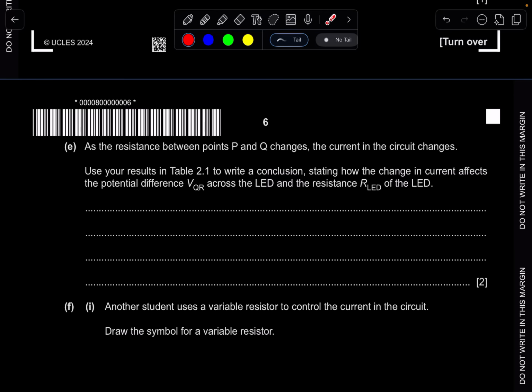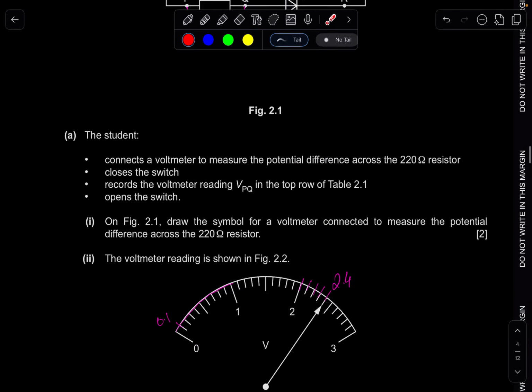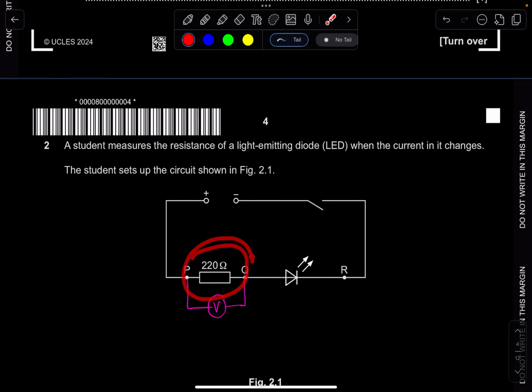Okay, so when you are changing the resistor, basically you are replacing the 220 resistor with a 330, right? In the circuit, let's look at the circuit. This was a circuit. You have replaced this resistance with a 330 ohm resistor. Okay, so what will happen?